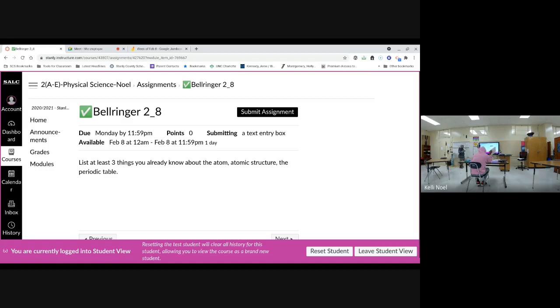Mine up here goes to 114. Yours goes to 118. So we can say they're listed on the periodic table, there's approximately, what did yours have, 118.